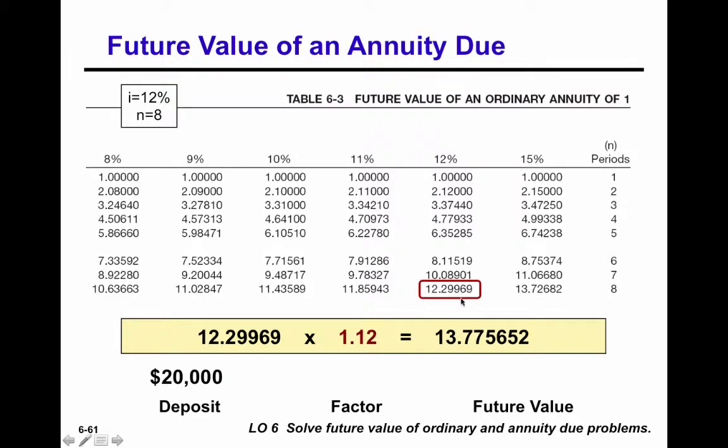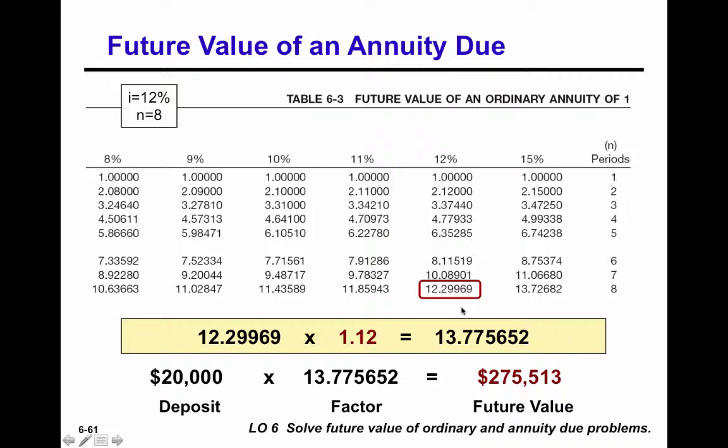And that's what's shown here from the annuity due, the ordinary annuity table. The factor, 12%, 8 periods, is 12.29969. Multiplied by 1 plus the interest rate is this factor, and then we use that to determine what the future value of the annuity itself is.